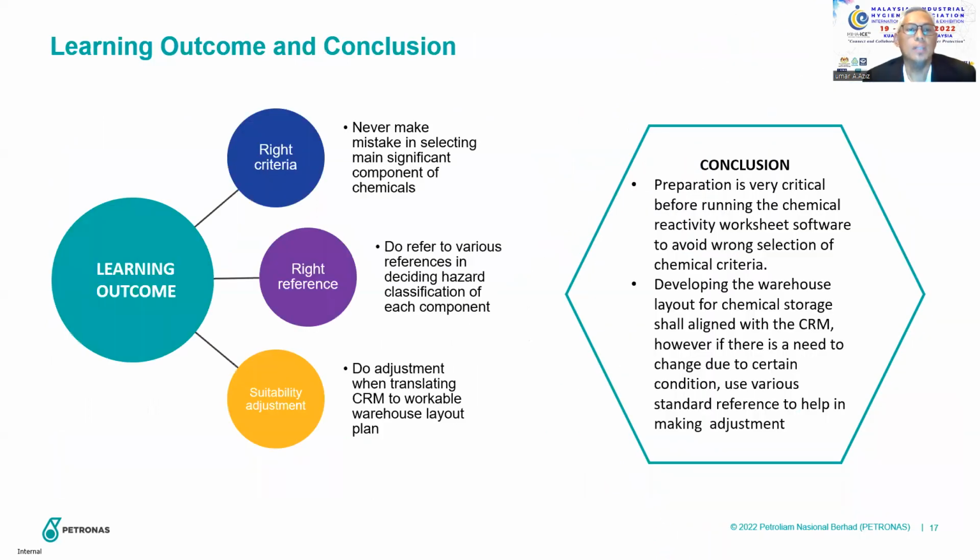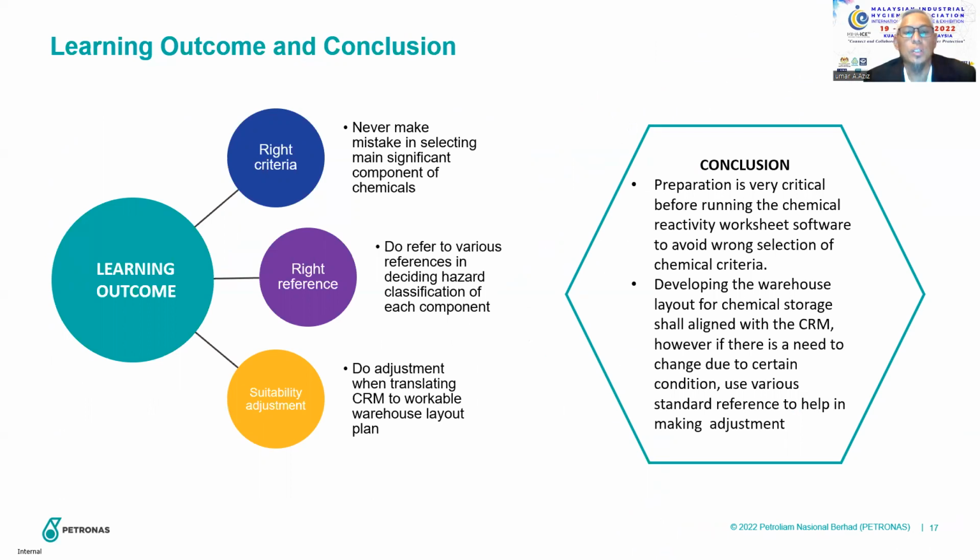To wrap up, I would like to reiterate the learning outcomes of my presentation. First, we have to have the right criteria. Never make a mistake in selecting the main significant components of chemicals, otherwise it will generate the wrong reactivity matrix.